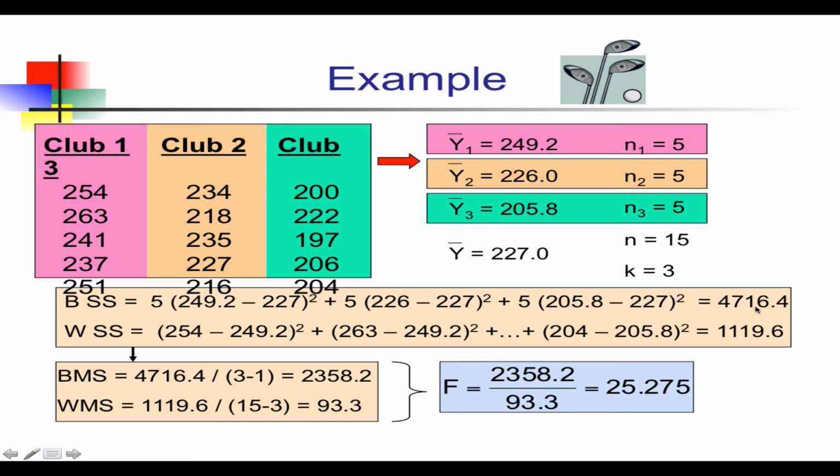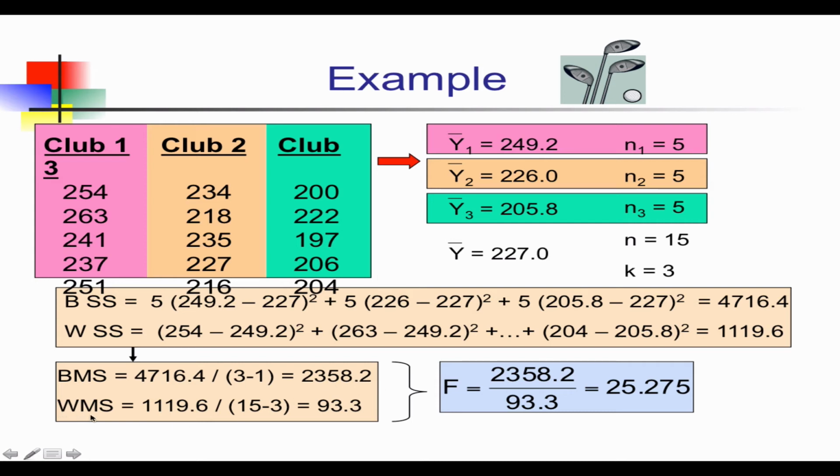So that is the between sum of squares. And then the within sum of squares is each observation minus the corresponding y bar, squared, and you do that for all the 15 observations. So you get this number right here. After that, we have 3 groups here. So the between mean square is the between sum of squares divided by k minus 1, which is 2 here. So you get 2,358.2.